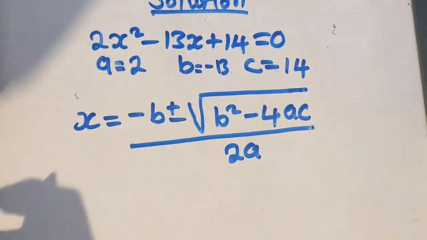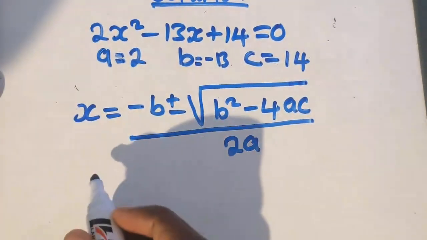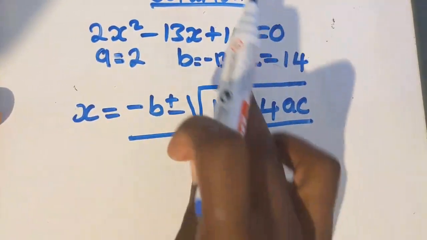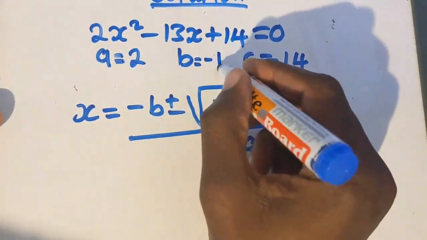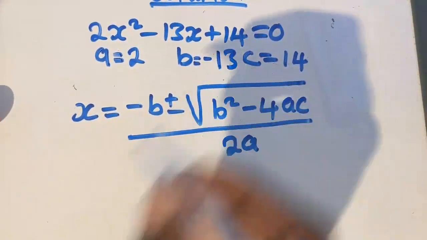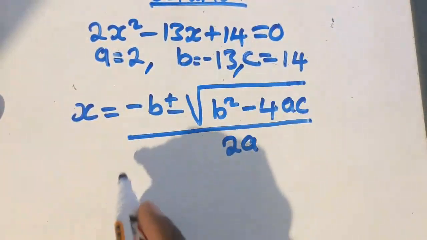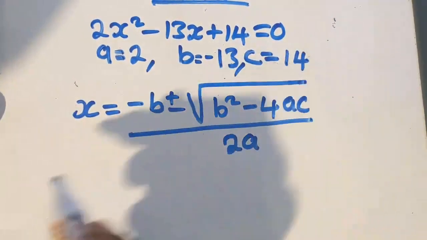All right, let's solve this question together. You know what a is, you know what b is, you know what c is. So b is negative 13. That's what I've written here. Now you just have to substitute these numbers in the equation.